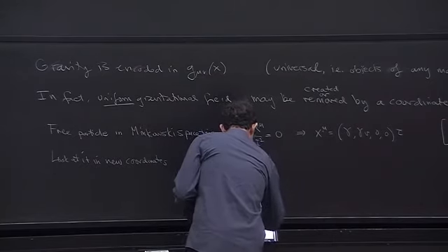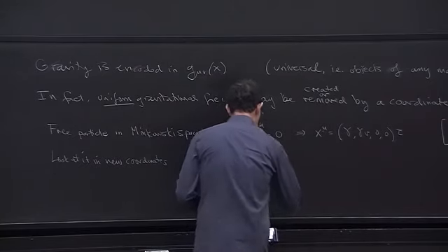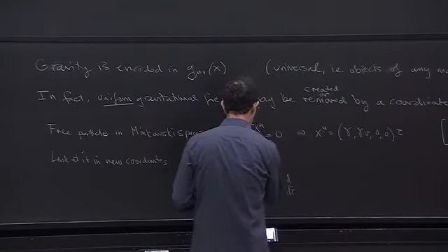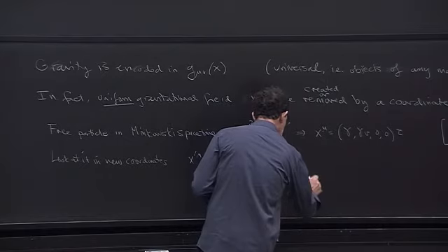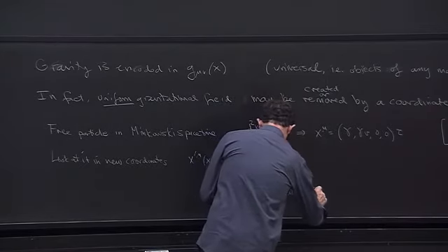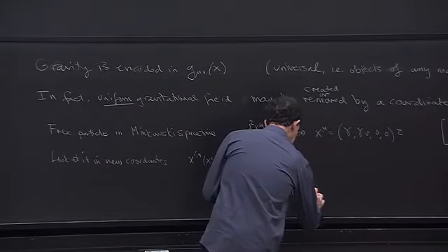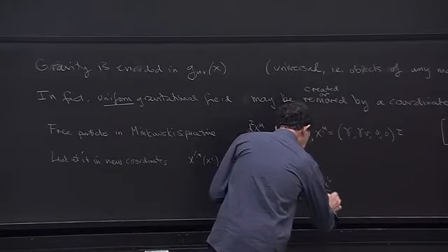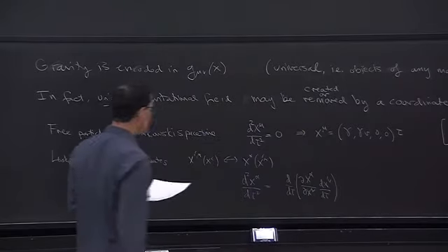And so d²x^α/dτ squared, what is that? Well, obviously, it is d/dτ of dx^α/dτ. dx/dτ is dx/dx' times dx'/dτ, just using the chain rule again.